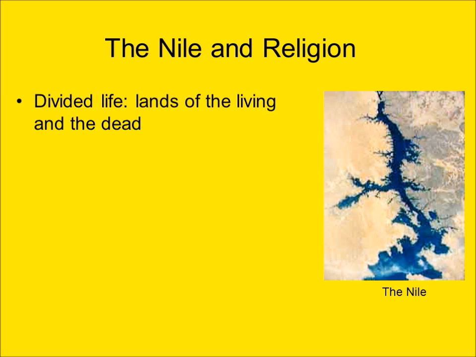This is where cities and temples predominantly were built. To the west of the Nile was considered the land of the dead, and tombs, funerary monuments would typically be built to the west. This is not exclusively the case, but the farther west you go, the closer, in the eyes of the Egyptians, to the land of the dead you became.